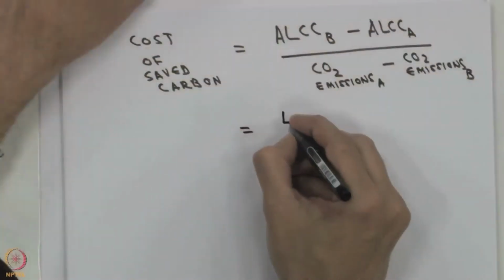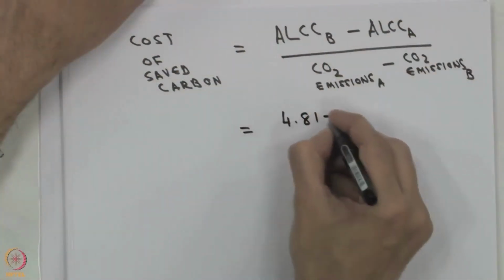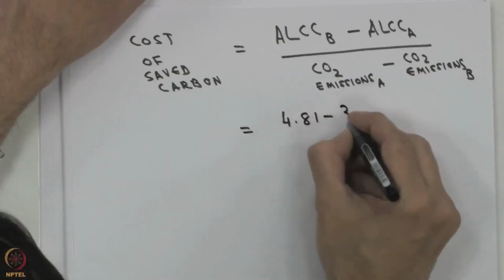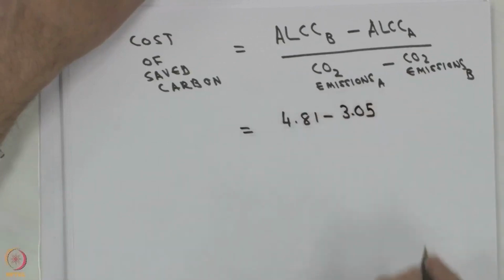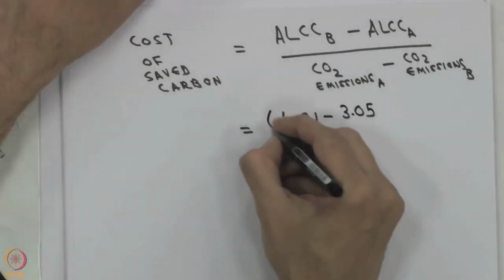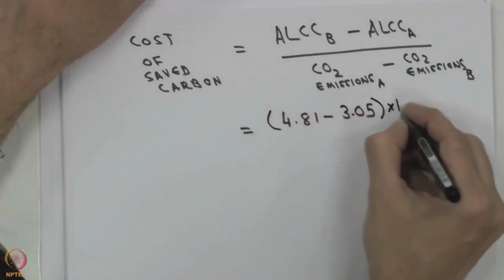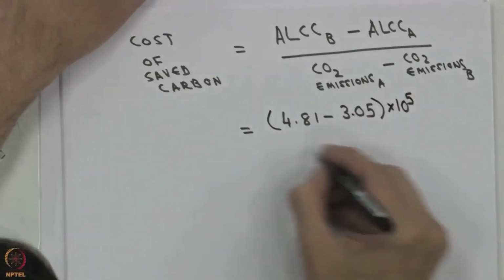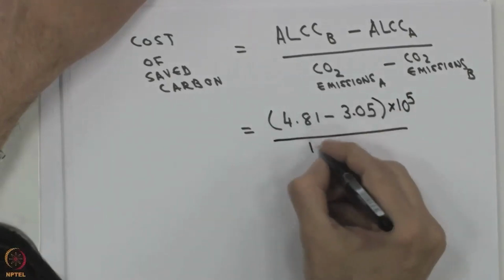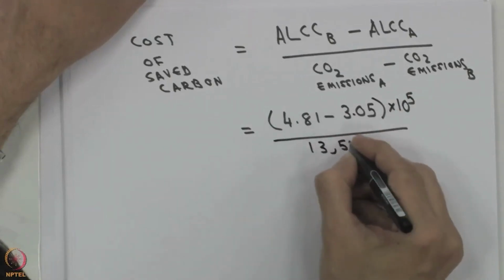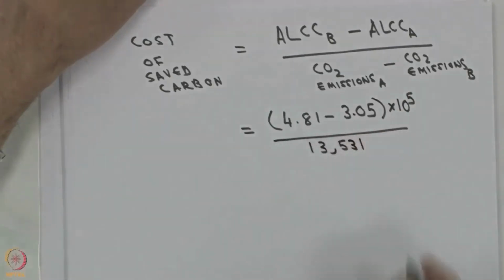So, this is going to be now 4.81 minus 3.05, that is the incremental capital cost, into 10 raised to 5 divided by 13,531. And what are the units?